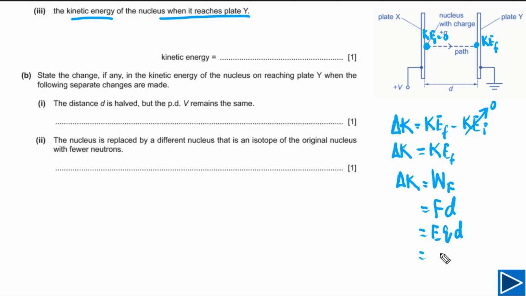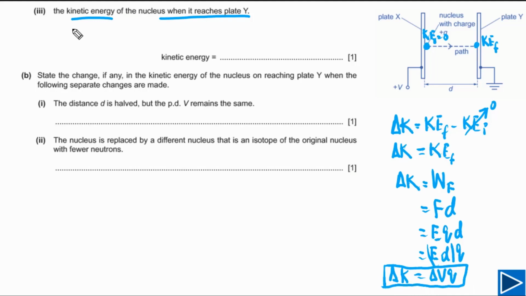If we rearrange this, we can write it as ED times Q. But ED is equal to the potential difference. In this case, the change in kinetic energy is equal to Q times delta V.